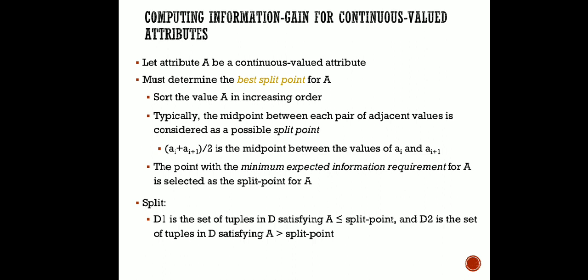If two adjacent values are ai and ai plus 1, we find the mid value of them, and we keep on splitting on that. This is just theory because decision trees mainly work on discrete values. Still, if we have to do it for a continuous valued attribute, we have to somehow map it to discrete values, so we calculate based on the midpoint.